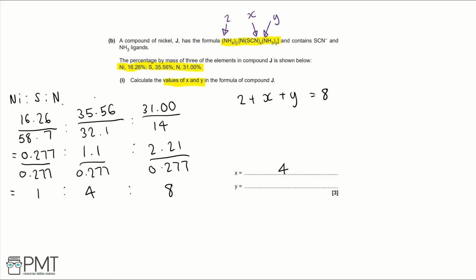Well, we know that X is 4, so that's going to be 2 plus 4 plus Y is equal to 8. So Y must be 2, because 2 plus 4 is 6 and 8 minus 6 is 2. To get the 3 marks for this question, you get a mark for your ratio, so 1 to 4 to 8. Then you get a mark for X and a mark for Y.